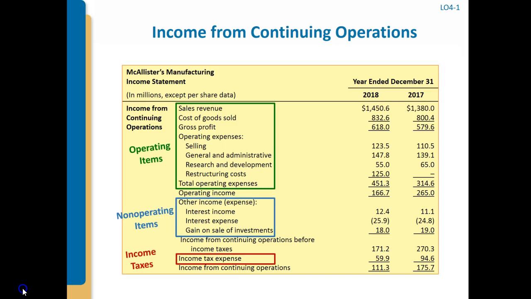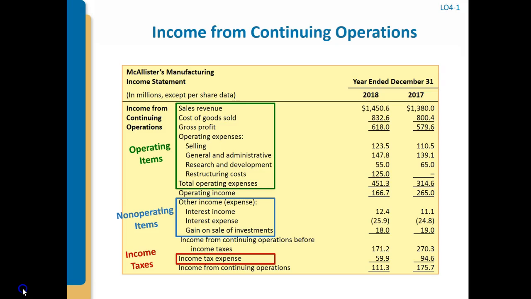So this slide helps us understand a company's ability to generate cash in the future. Investors and creditors assess which components of net income are likely to continue into the future. Income from continuing operations includes revenues, expenses, including some taxes, gains, and losses arising from operations that are more likely to continue.